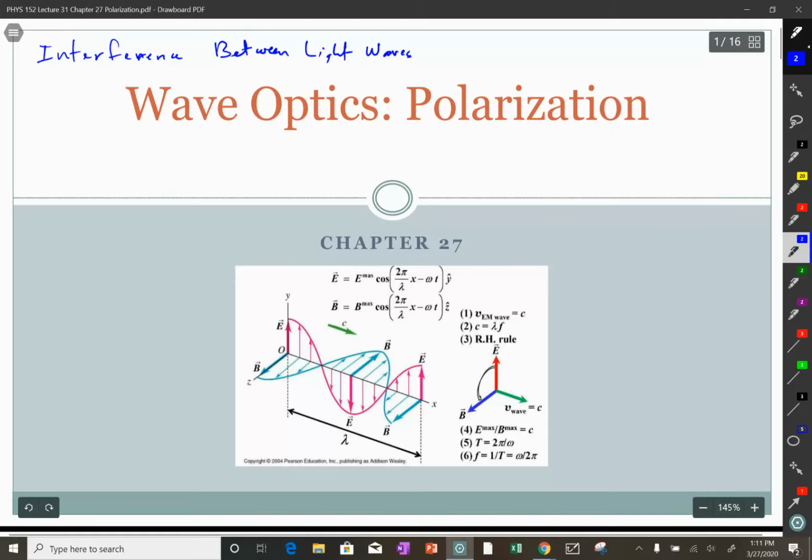So we looked at constructive interference, destructive interference, and then we specifically looked at Young's double slit experiment that showed that when light goes through slits, it interacts with itself, something that balls can't do.